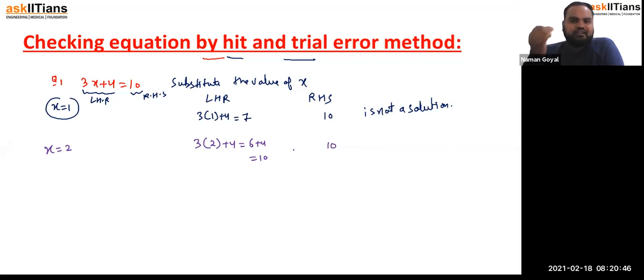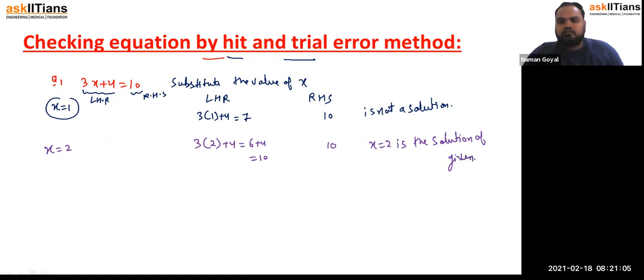So we can say that x is equal to 2 is the solution of the given equation, isn't it?